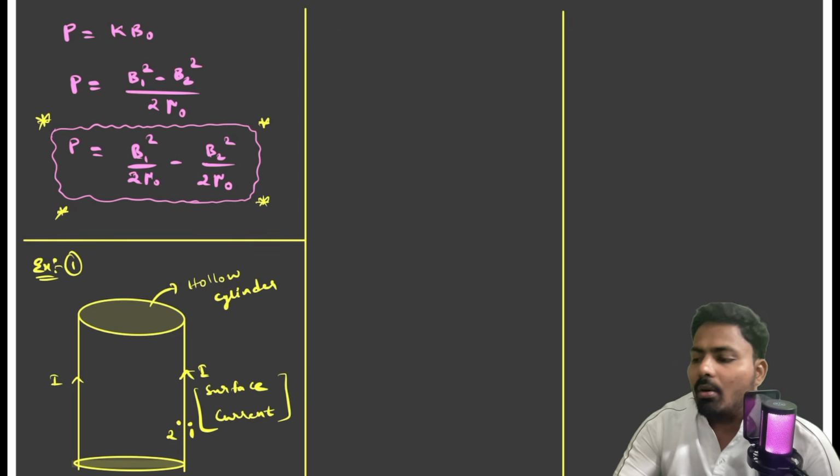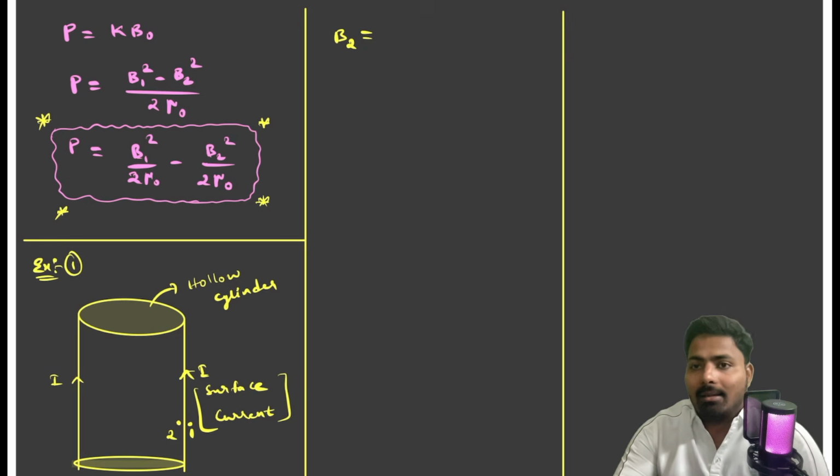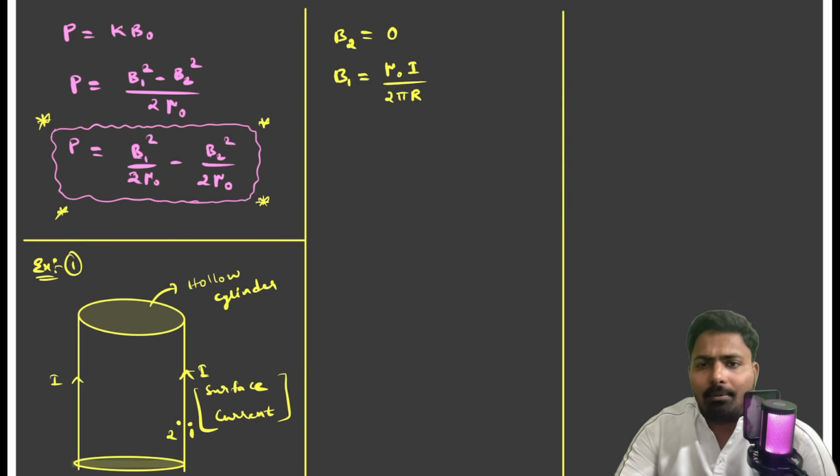We already know B2 inside a long hollow cylinder is 0. This we can also find by using Ampere's circuital law. B1 just outside, on the surface, is mu naught I by 2 pi r.